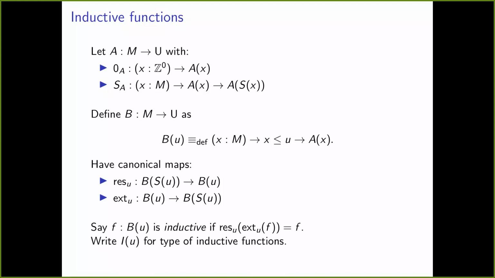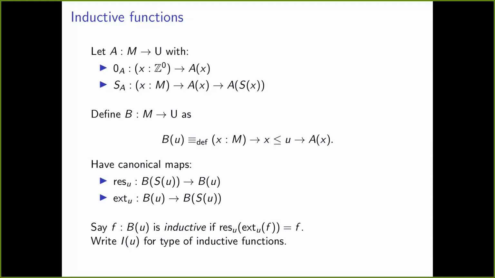I introduce these things because now I can economically say what it means for a function to be inductive. Inductive should mean that it satisfies the defining property of an inductive function whenever the recursive equations make sense. But the efficient way of expressing this is just that f equals the restriction of its extension.